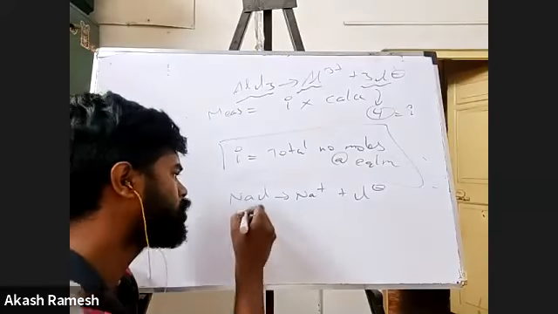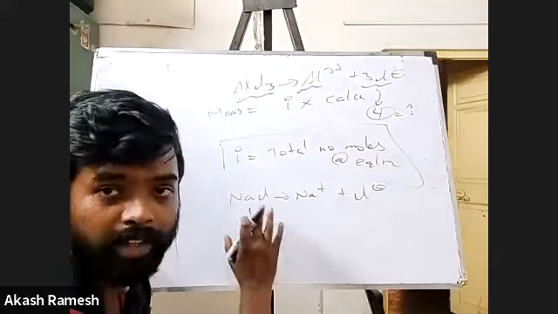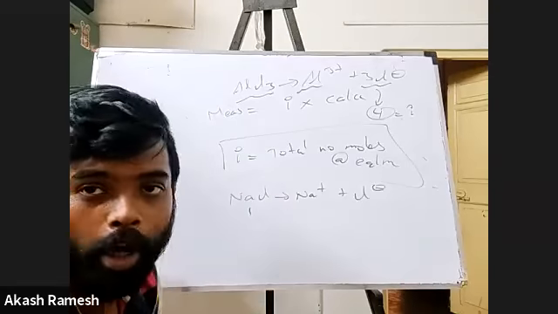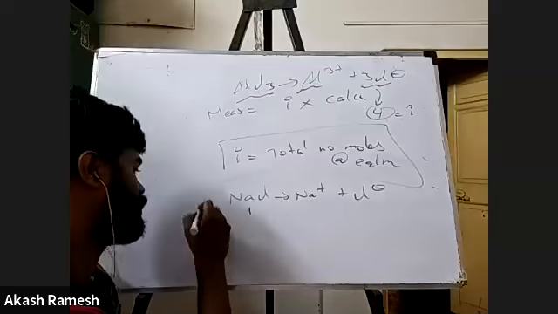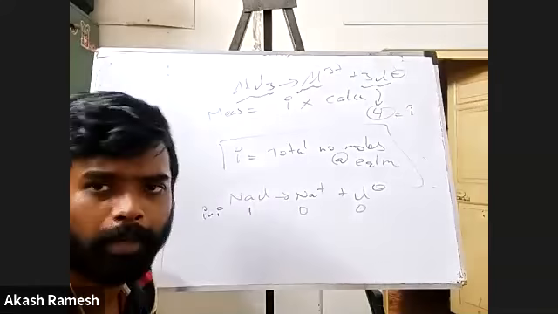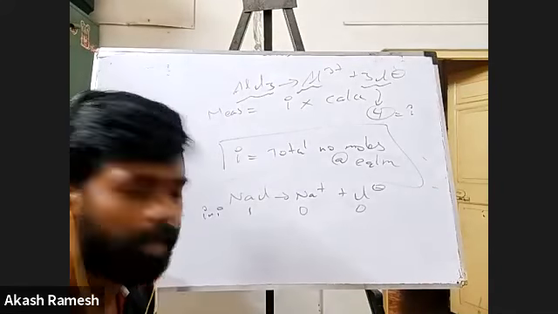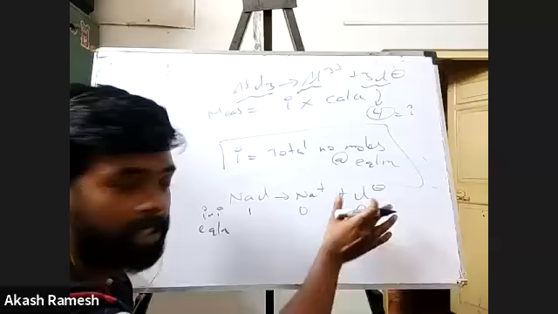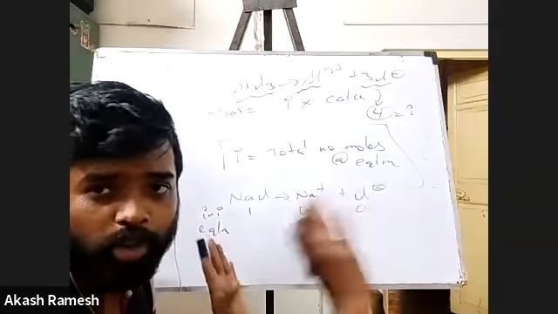Now assume that I take only 1 mole. Not only for this case, for any case, assume that initially I had 1 mole of the particular compound. This is initial. Initially assume that there is no Na+ or Cl-. Now at equilibrium, the reaction will proceed, and eventually the reaction is going to stop.